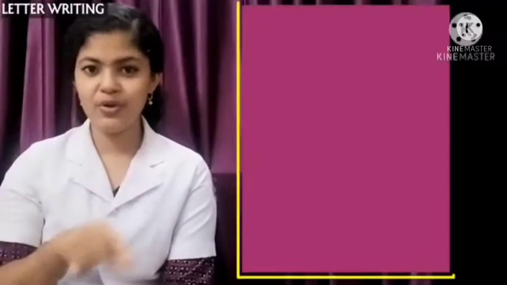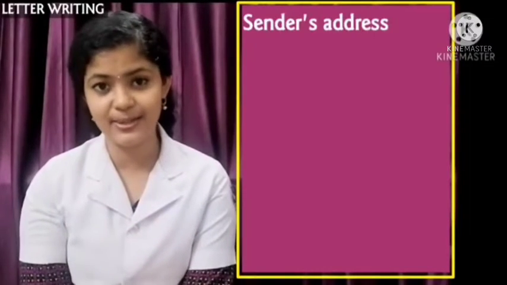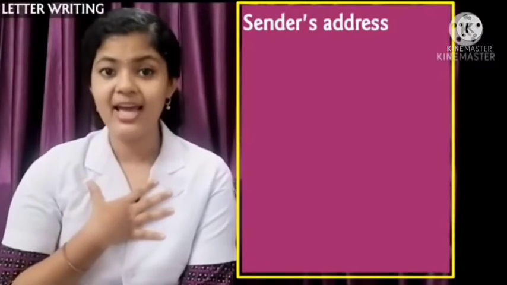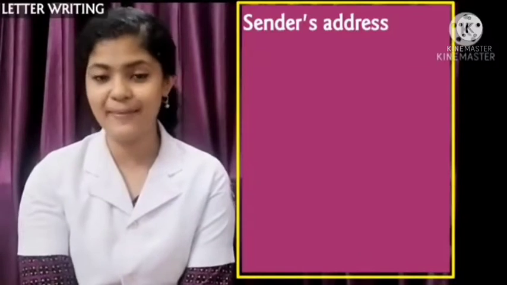So on the top left side, you have to write the sender's address. If I am writing the letter, I have to write my name and address. If you are writing the letter, you have to write your own name and address.